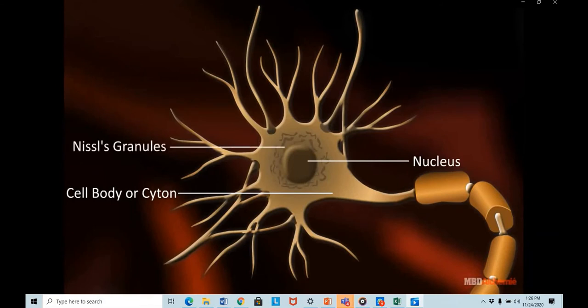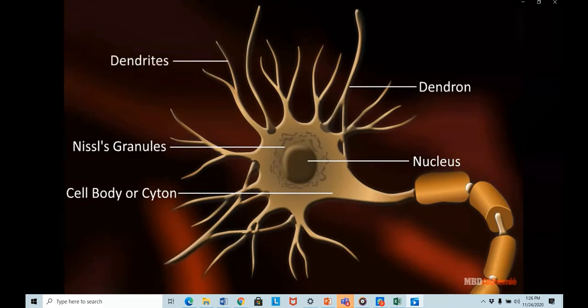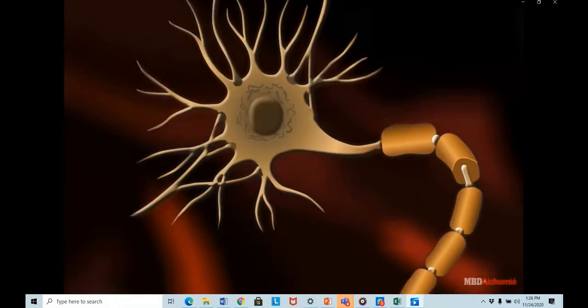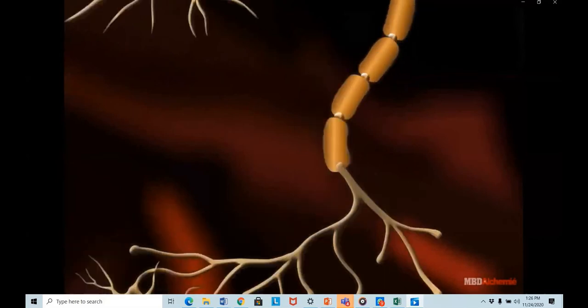Nissel's granule, a number of small are terminal branches that arise from dendrons. Axon. It is single, long and cylindrical.